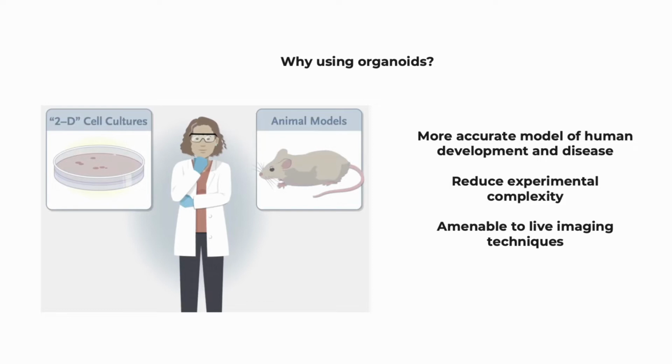So why do scientists actually use organoids? What are the main arguments for working with the three-dimensional organoid culture system? As I said, scientists used to work with two-dimensional culture systems, which you can see on the left, and the alternative to this are animal models. Animal models are very expensive.